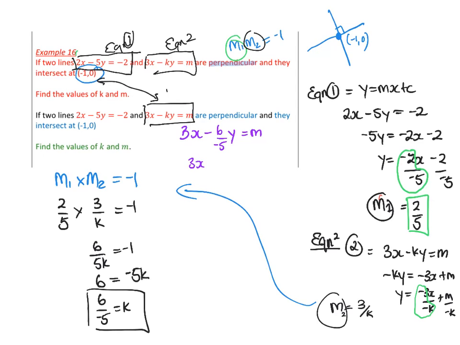That would become 3x plus, wouldn't it? Because there's negative. Yes? Okay, and I'm going to use this point. So every time I see x, I'm going to put on -1. So I've got 3 times -1 plus 6 over 5 times 0. What would that equal? 0. Wouldn't it be 0? So what does m equal? You got it. We've got our two answers.